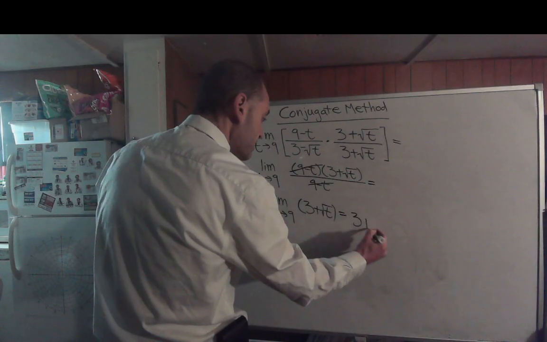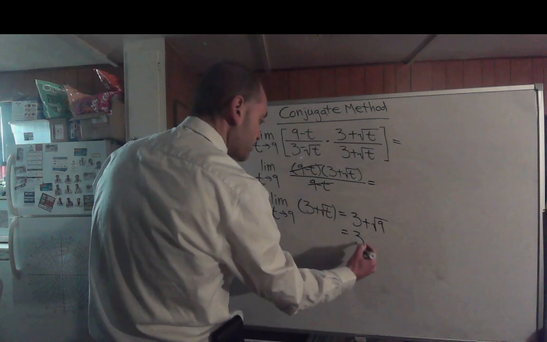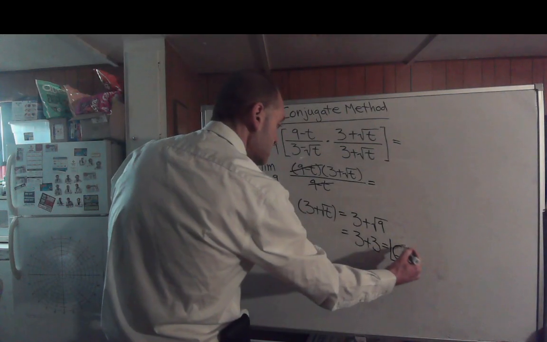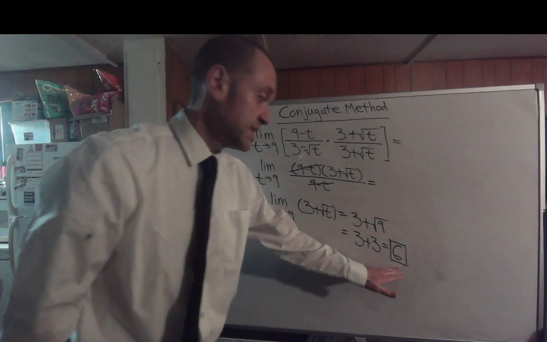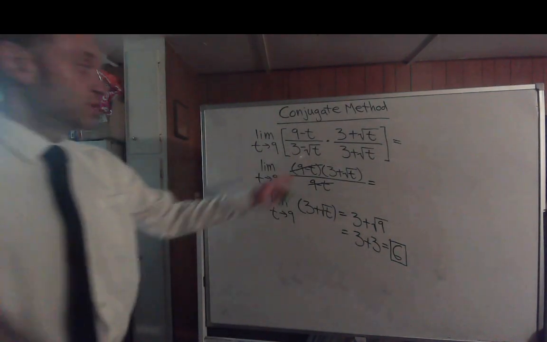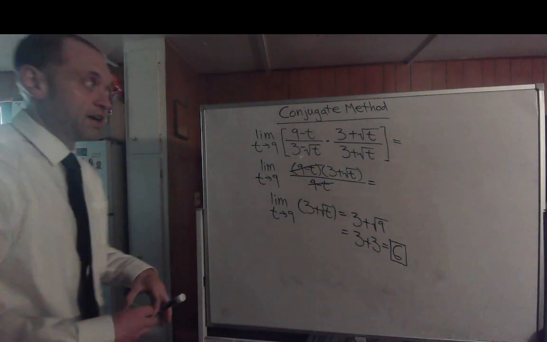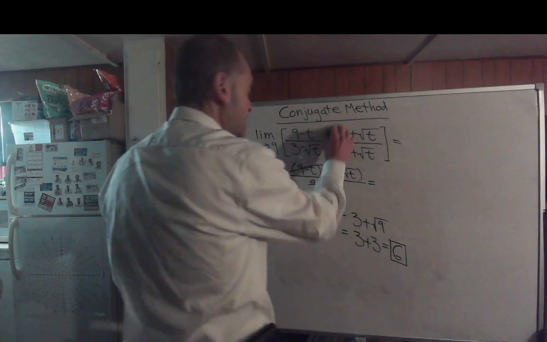You would end up getting 3 plus the square root of 9, which is 3 plus 3, or simply 6. So the limit of the original function turns out to be 6. And if you look at this graphically, you would see your y value approaches 6 as you approach a t value of 9, or an x value of 9.